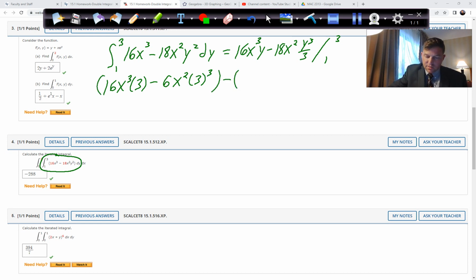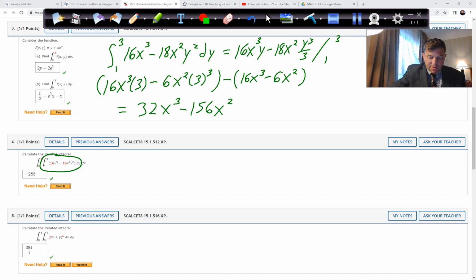Okay, minus, now plug in 1. This would be 16x cubed minus 6x squared times 1 cubed, which is just 1. So we're just going to have that. And if you distribute these 3's and combine like terms, you will get this is equal to 32x cubed minus 156x squared.